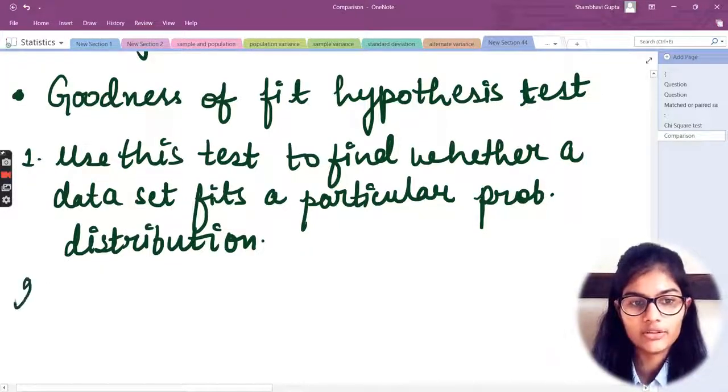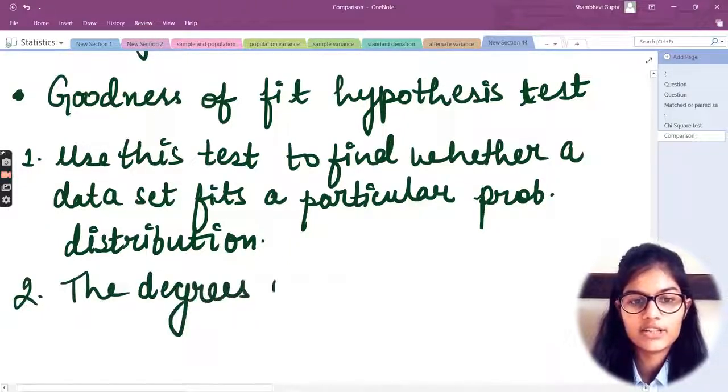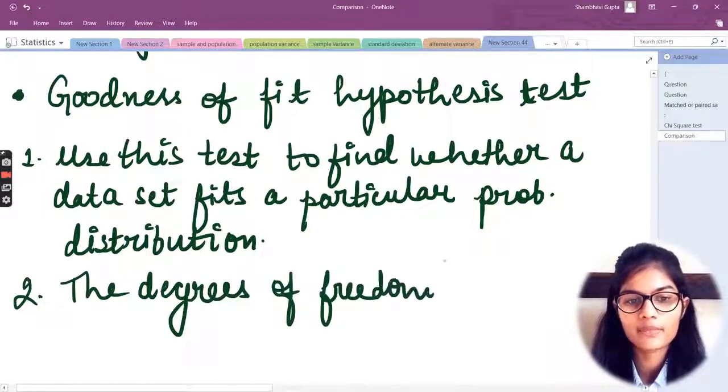Next, what do we have here? The second point is the degrees of freedom.